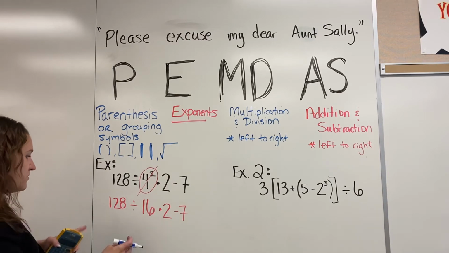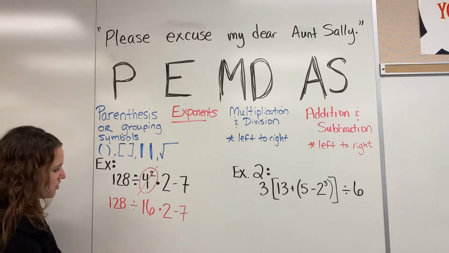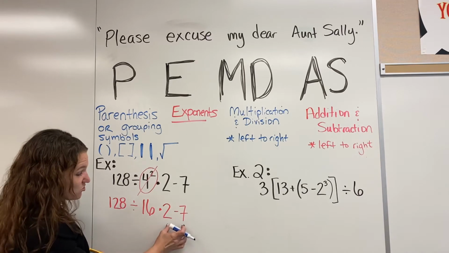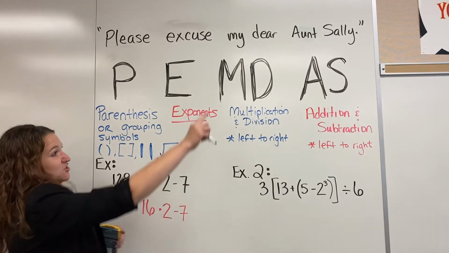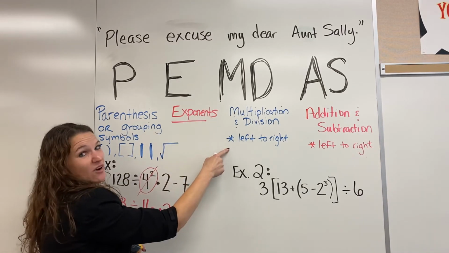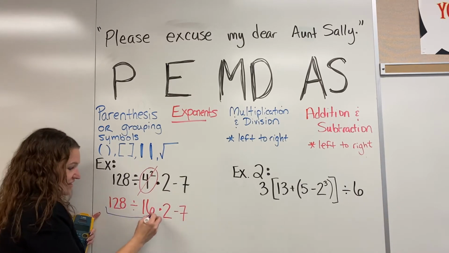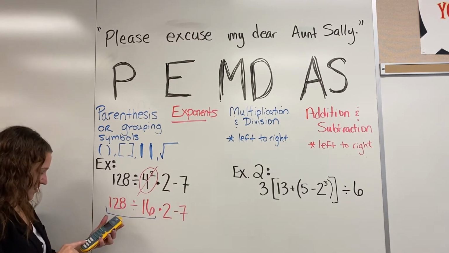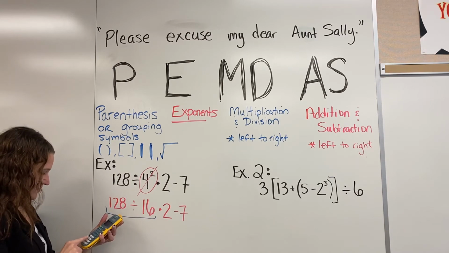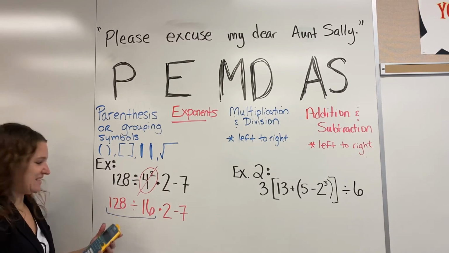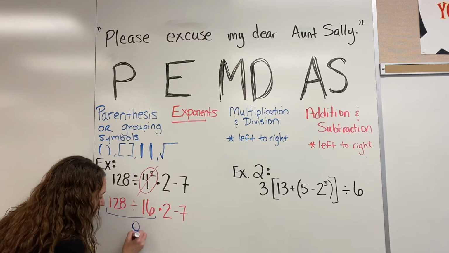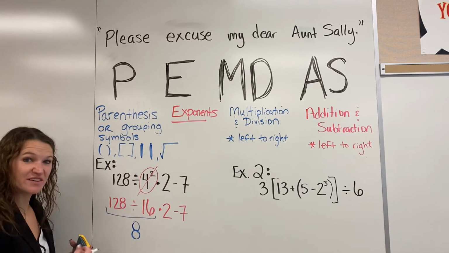I notice there's division here, multiplication here, and subtraction here. Since I can do multiplication and division from left to right, I'm going to start here. 128 divided by 16. Let's put that in our calculator. That gives me 8. I'm going to bring that down right here and bring everything else down.